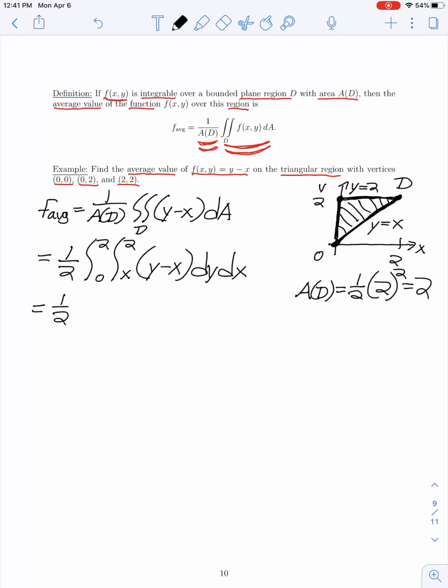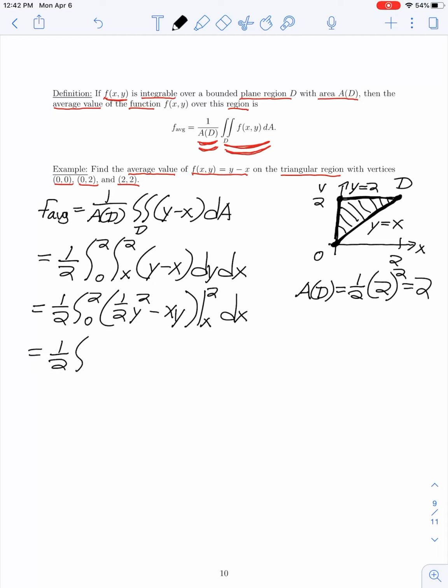So we have 1/2 the integral from 0 to 2 of our antiderivative with respect to y, which is 1/2 y squared minus x times y, evaluated from x to 2, and then integrating with respect to x.